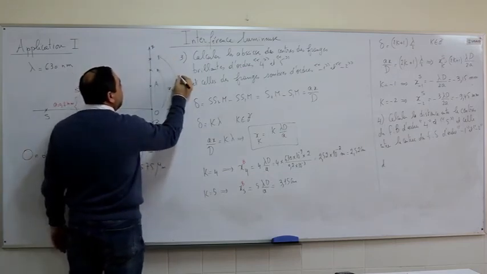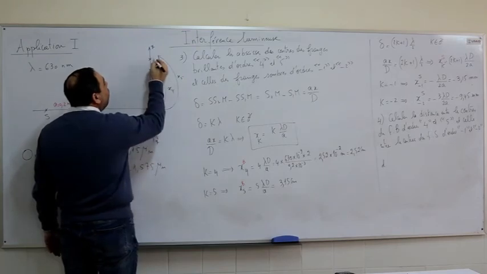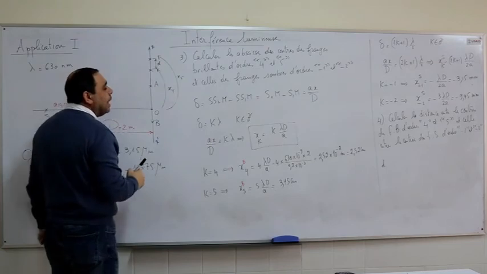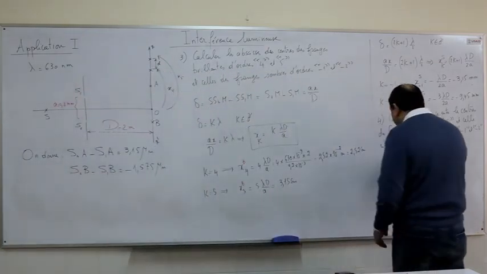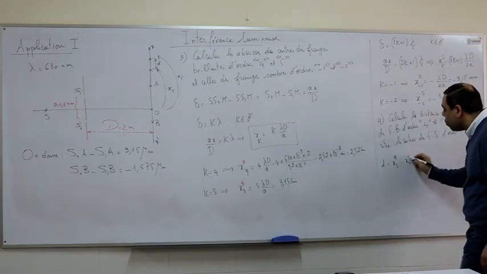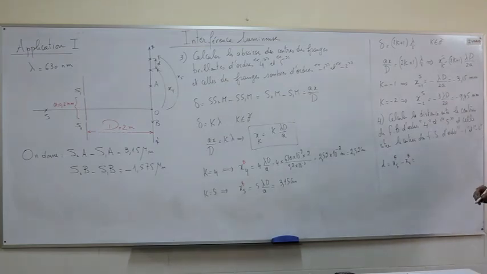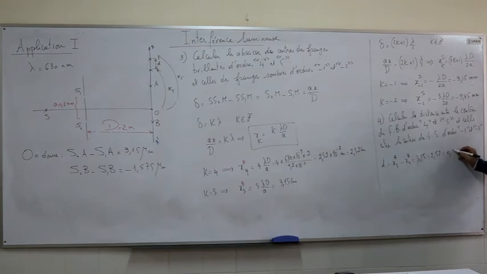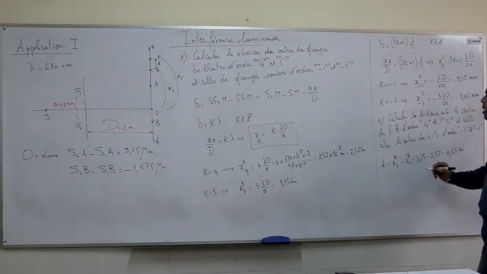And this is x5. D is equal to x5 minus x4, which is equal to 3.15 minus 2.52, and this is equal to 0.63 centimeters.